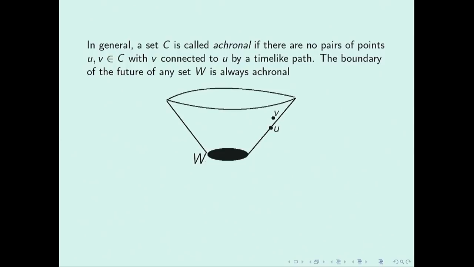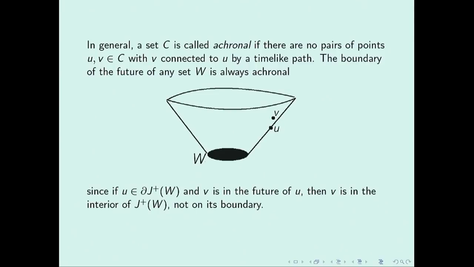So the boundary of the future is always achronal, because if U is in the boundary and V is in the future of U, then V is in the interior of the future of W, not its boundary.